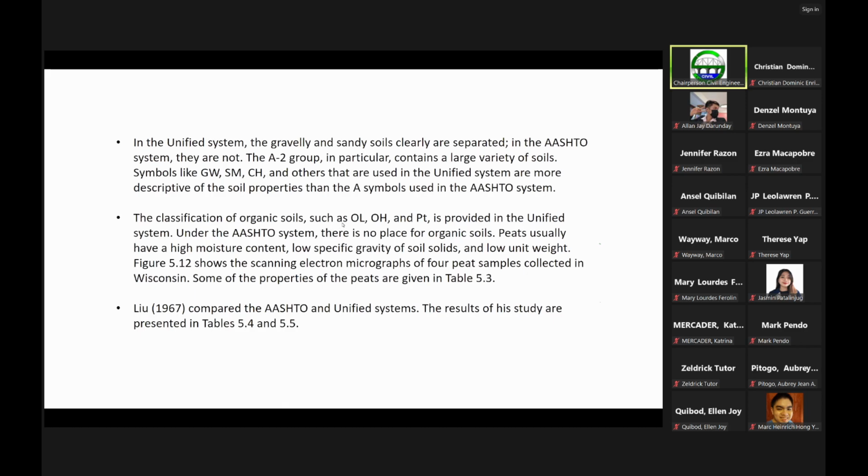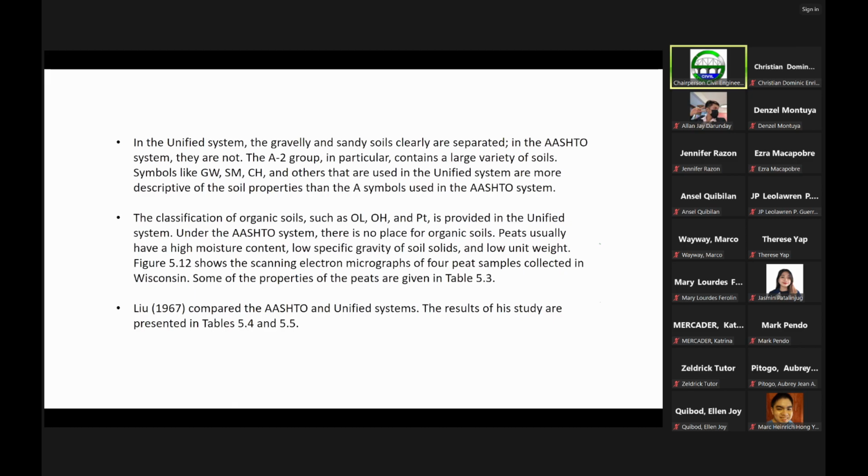The symbols used in the unified system are more descriptive of the soil properties than the A symbols used in the AASHTO system. Now, the classification of organic soils such as OL, OH, and PT is provided in the unified system, while in the AASHTO system, there is no place for organic soils because they cannot be used anyway in highways.